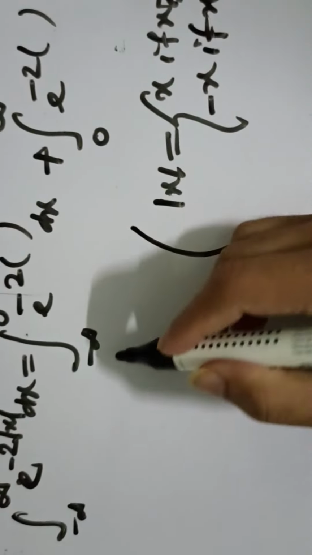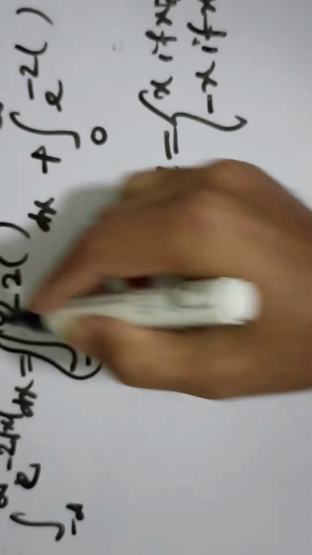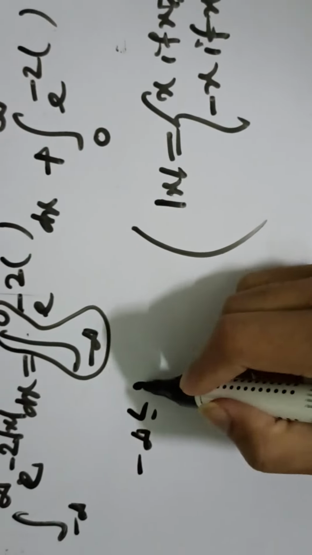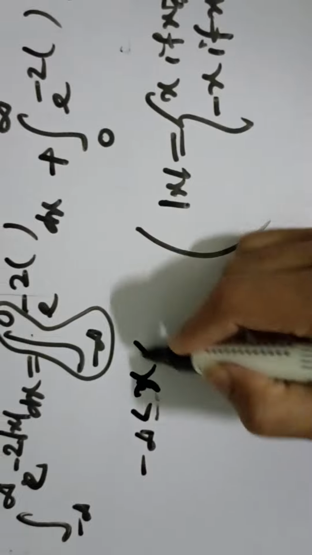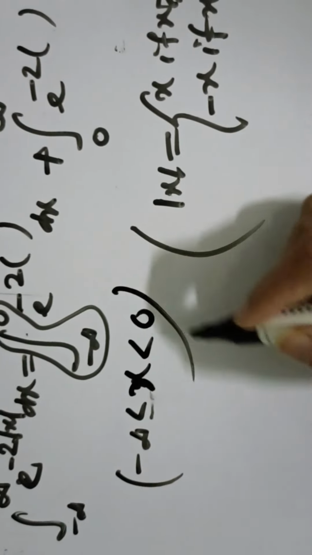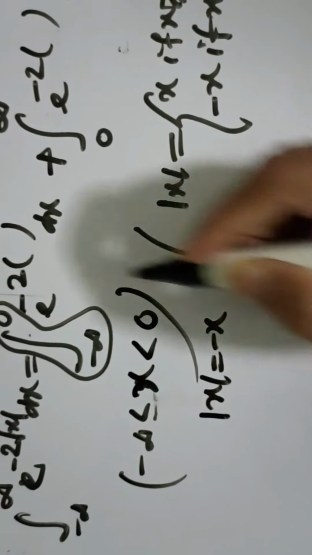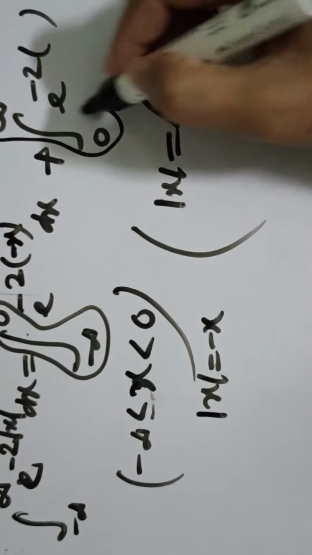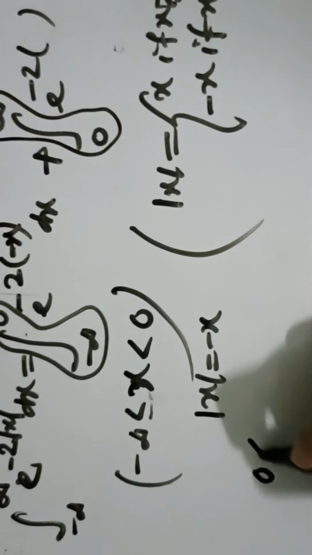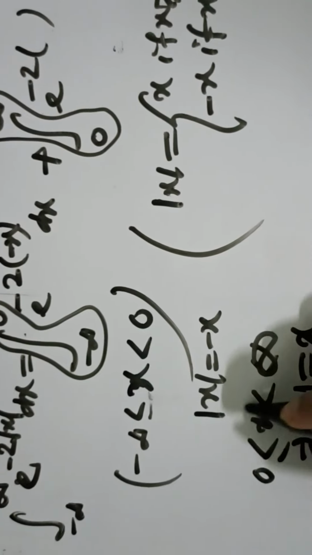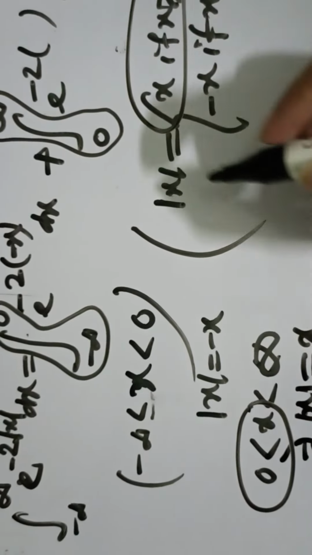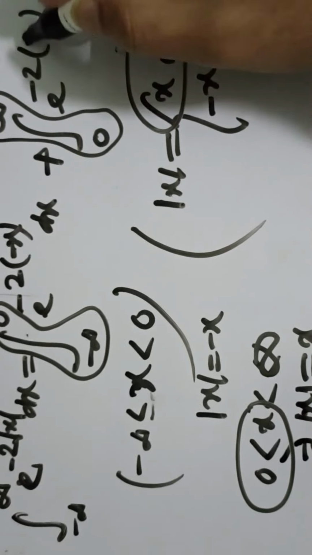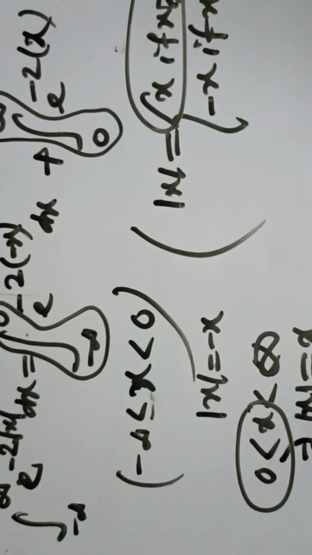So if x lies between minus infinity and 0, mod x means minus x, so here minus x appears. Or if x lies in the interval 0 to infinity, then mod x equals x, so in this place we have to write x, right?